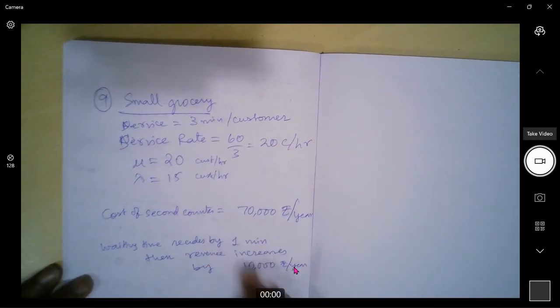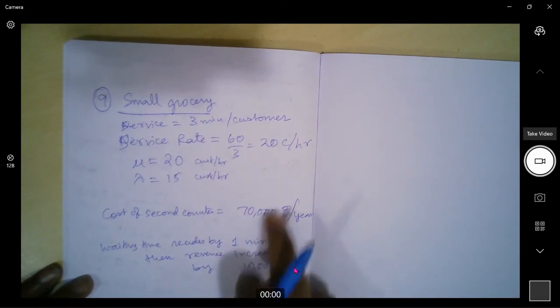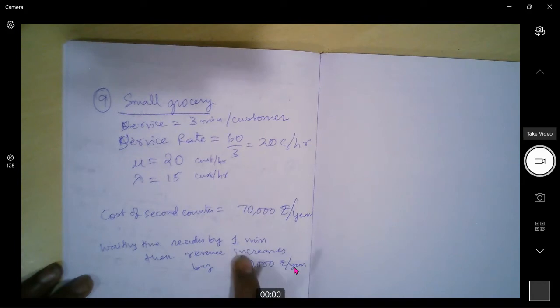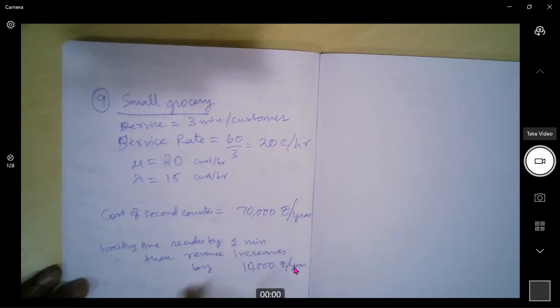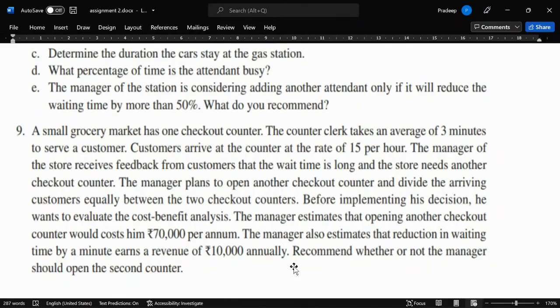So now let us see. If 7 minutes of waiting time is reduced, that means I break even. If 8 minutes of waiting time is reduced, then definitely my revenue will be more and it justifies going for the second counter.